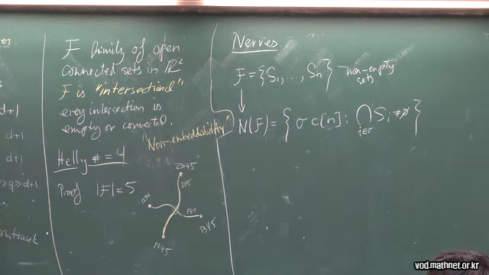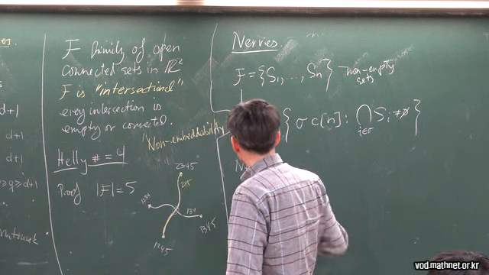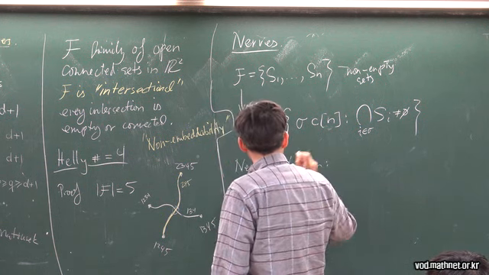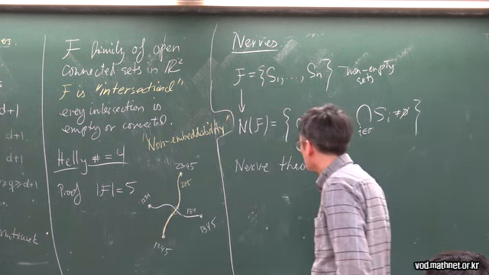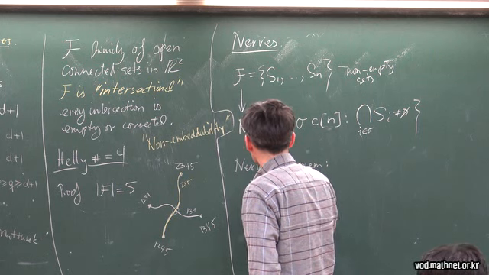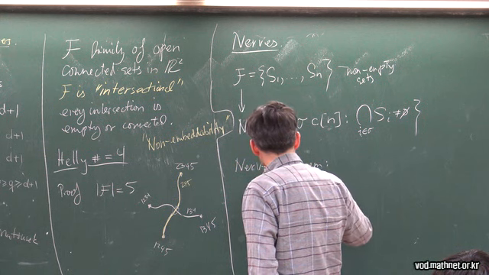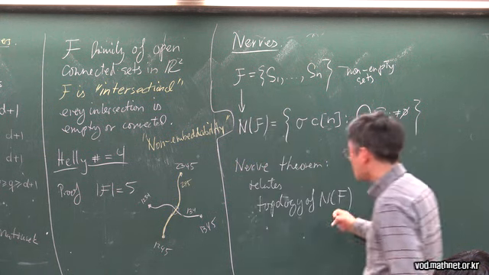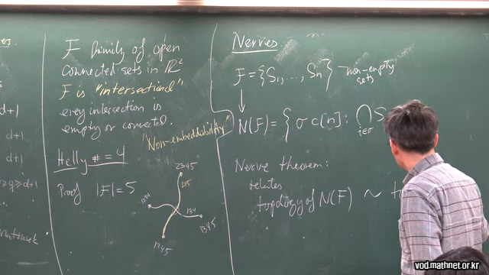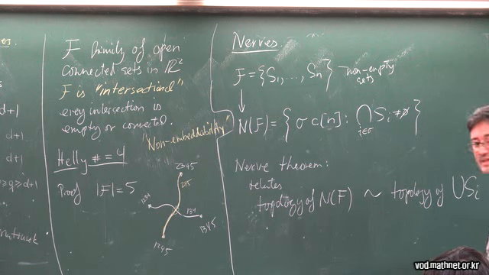But what is very useful in this field and in other areas is something called the nerve theorem. Informally, a nerve theorem relates the topology of this abstract simplicial complex to the topology of the union of the sets Si.